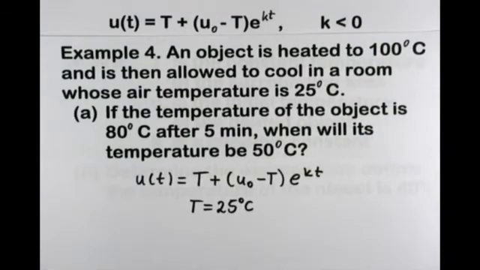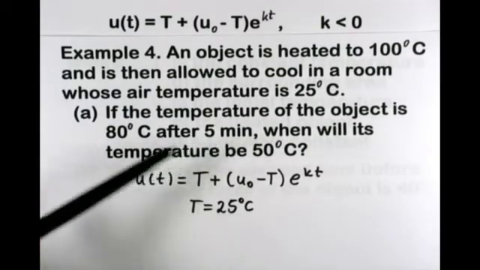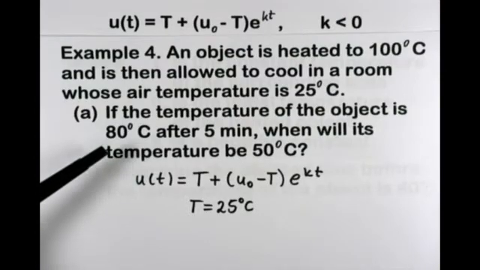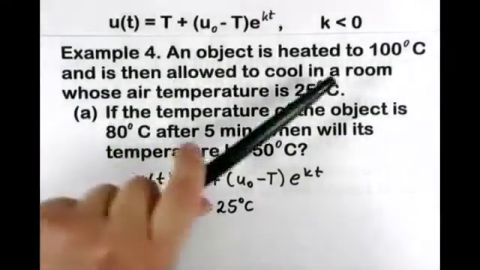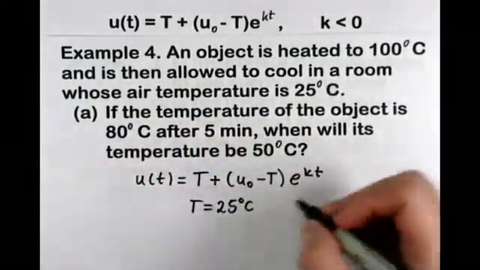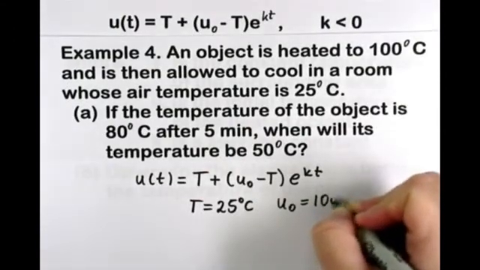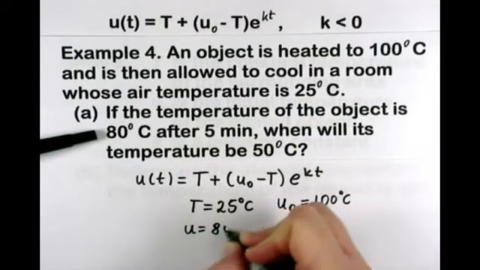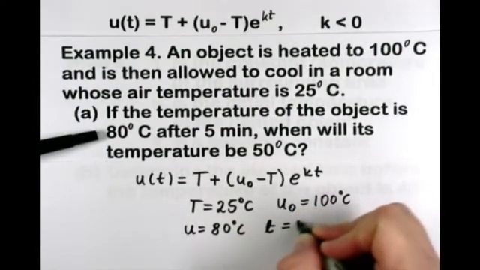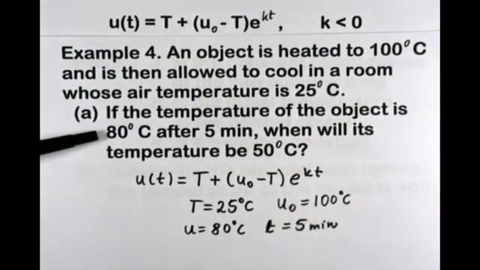If the temperature of an object is 80 degrees after 5 minutes, then 80 degrees is my U after 5 minutes, and the object is heated, initial is 100, so U0 is 100 Celsius. Now from this information we need to find the constant, so my U is 80 after t is 5 minutes. So from those pieces of information we need to find k.